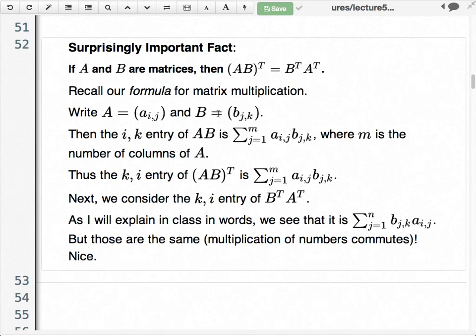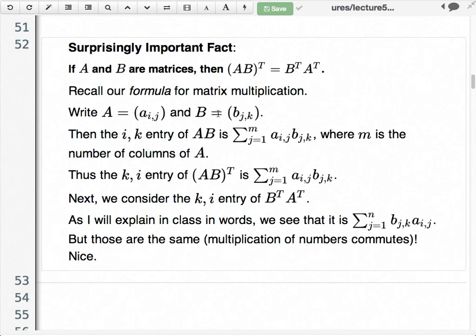All right, now let's do exactly the same sort of thing, but over there. If we're careful, then we should end up with equivalent expressions. They won't be identical, but they'll be equal. So for this one, again, we have to write the i comma k entry of the product of two matrices.